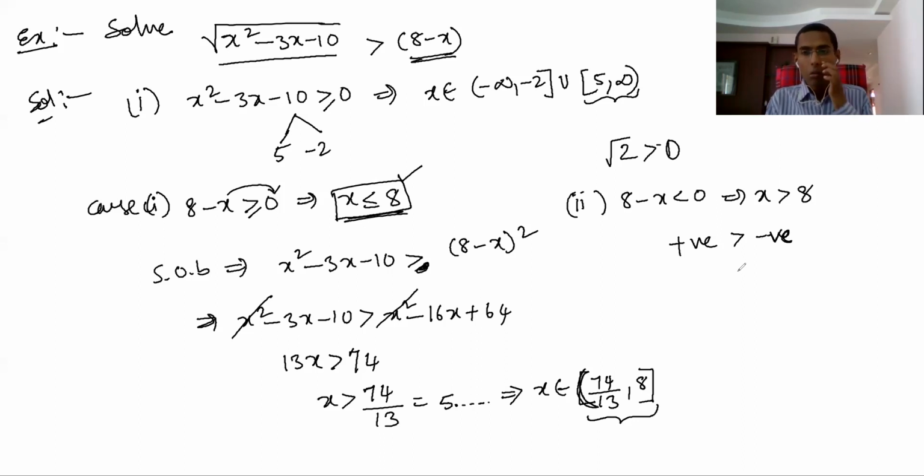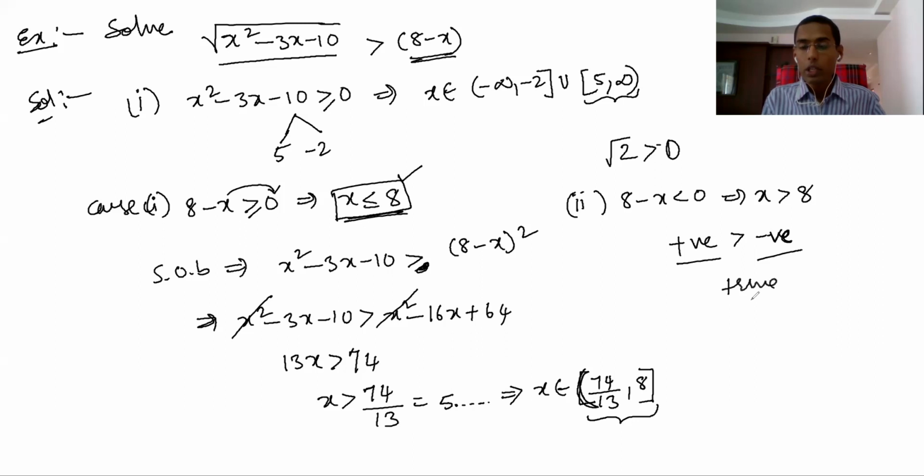You tell me what is the answer. There is no need of solving this, because this is positive already and this is negative. For what values of x is positive greater than negative? So this is always true.